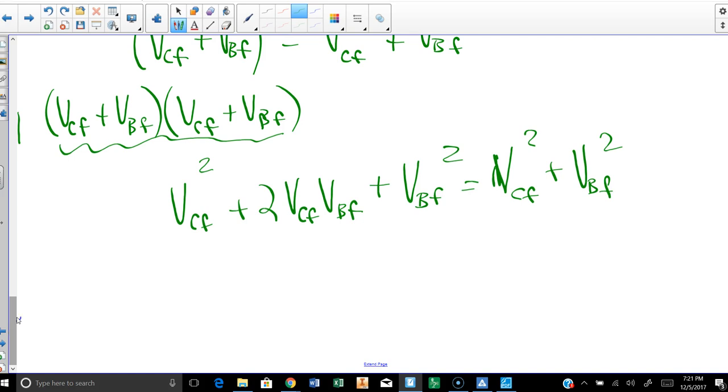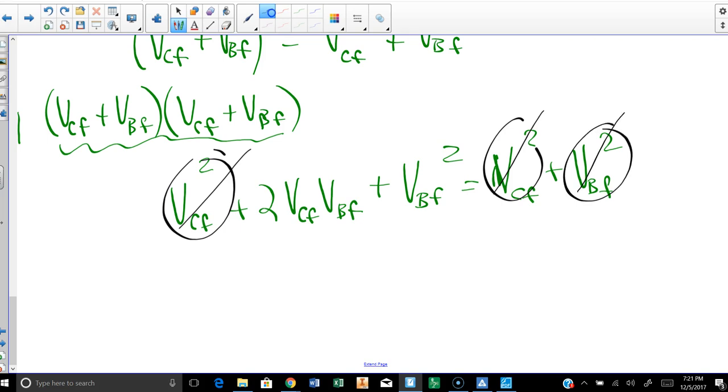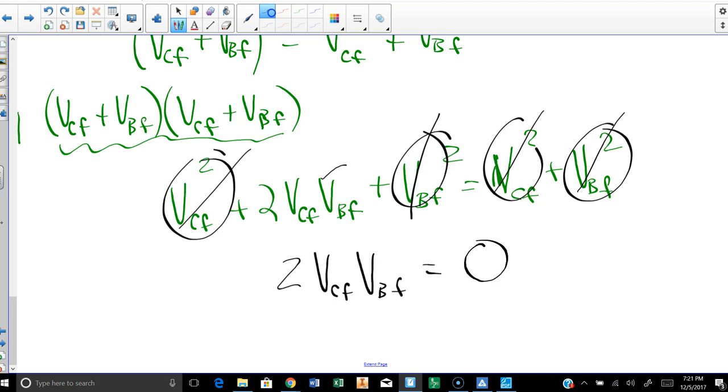So, interesting. I can subtract this from both sides and it goes away. I can subtract this from both sides and it goes away. So I have 2 times VC final times VB final equals 0.